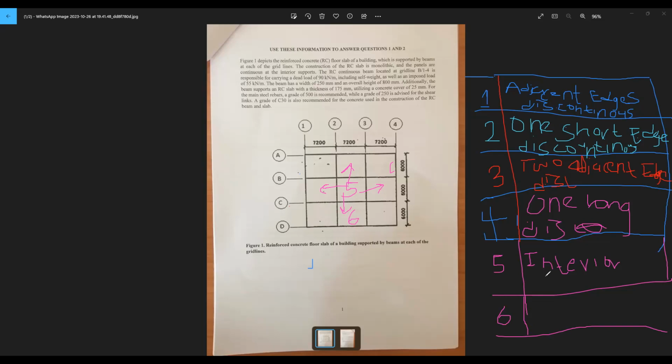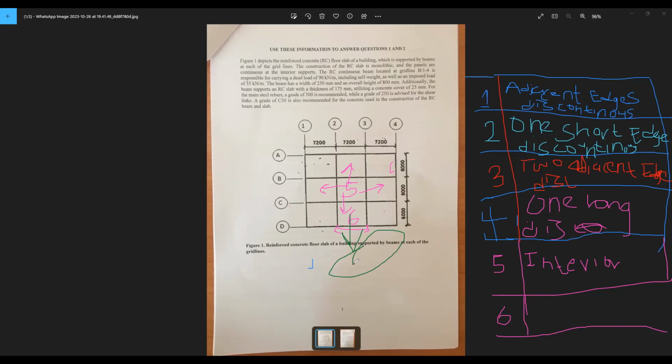Yes, you might be right. It is a long edge discontinuous, because here is the only place that gets you out of the whole slab system. It extends beyond the boundaries, it goes outside the boundaries of the slab.